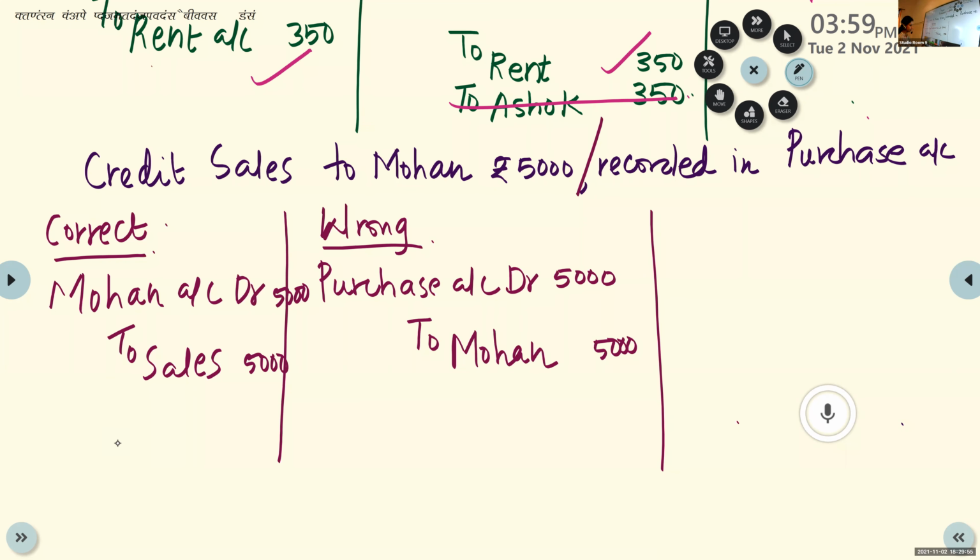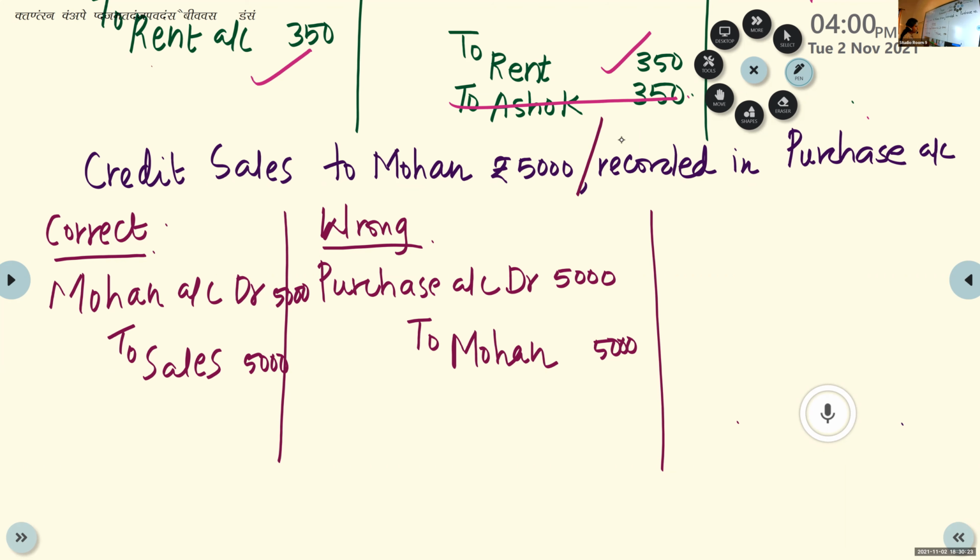Who will try? First of all, we should debit Mohan.